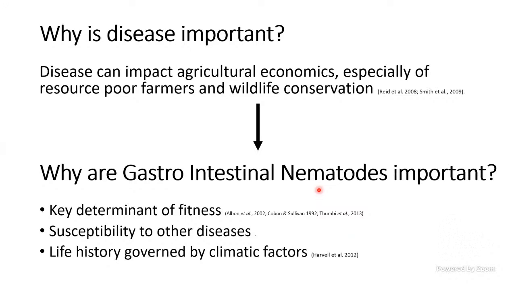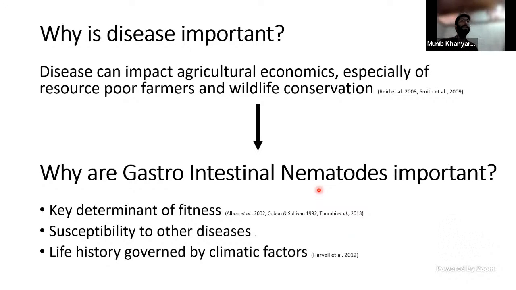And I think that intrigued me more, because that aligns a lot with different narratives around, if pastures are degrading, they are also impacting fitness. So I didn't want to necessarily look at just diseases as a singular issue in these systems. I wanted it to be more holistic, and I thought that's where GINs are a better disease to study than, let's say, a very specific disease that might result in a huge amount of mortality.